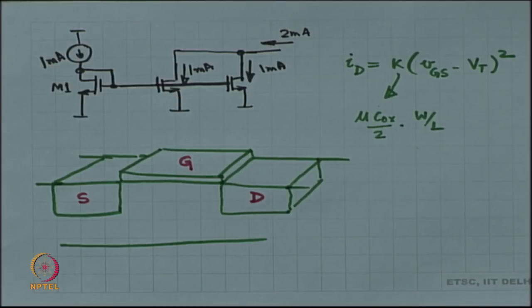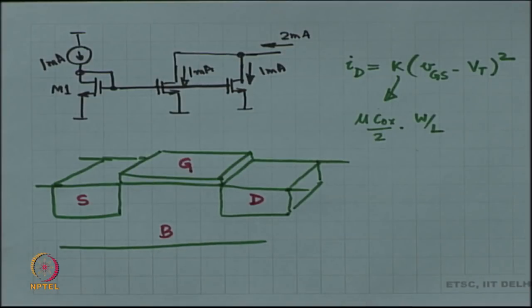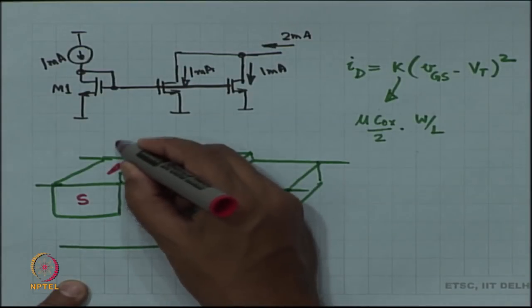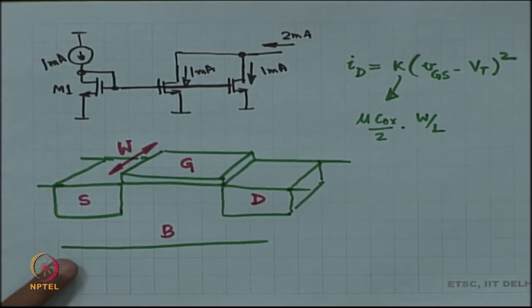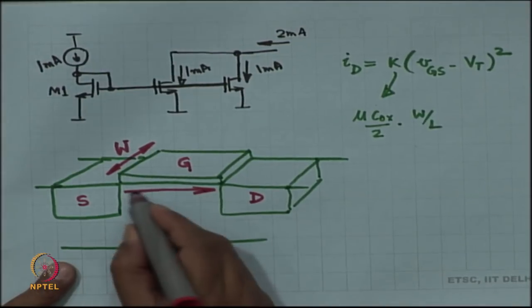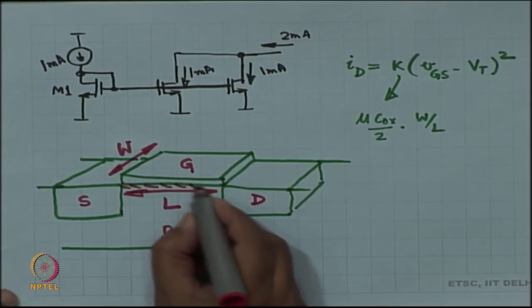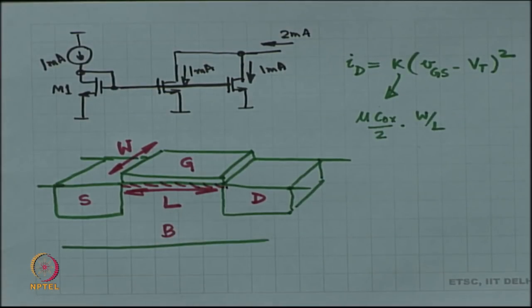I have drawn a 3D kind of a projection image body, all right. This dimension is the width of the gate and this dimension is the length of the gate, right. The length of the gate is the length of the channel that is induced between the source and the drain when the gate voltage is above V t. Okay. So, L is the length of the channel, width is the width of the gate, right.